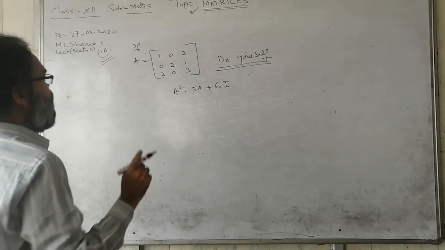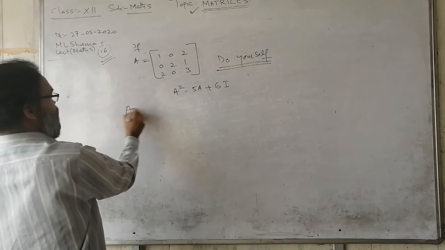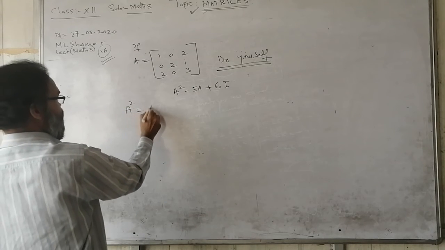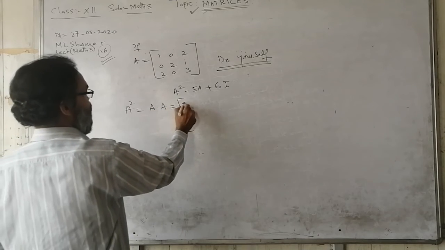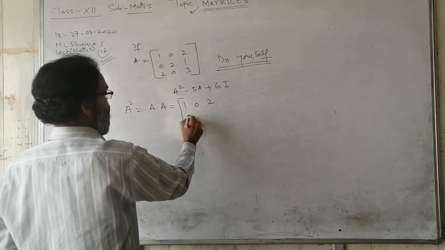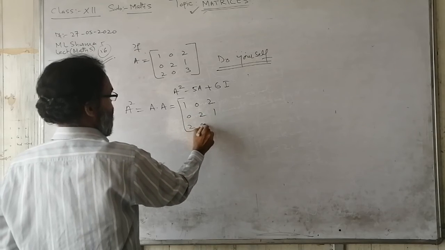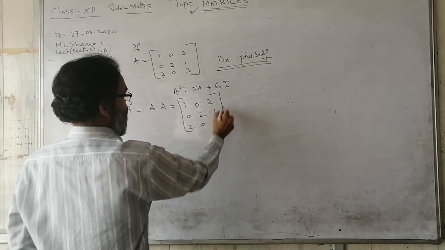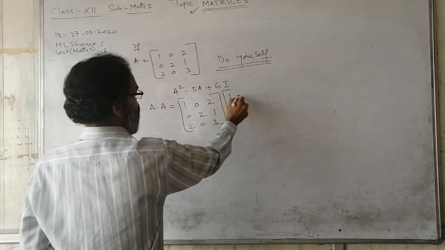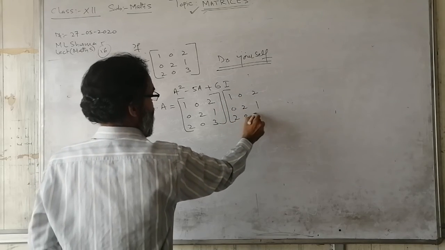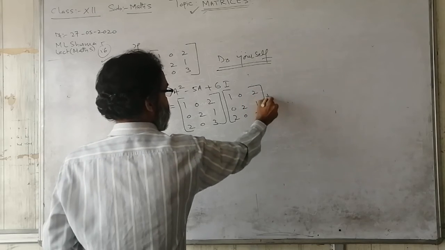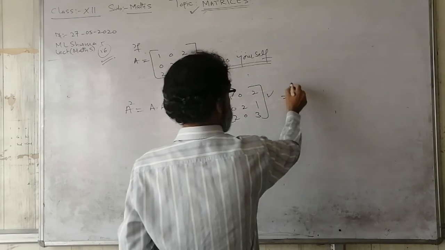I will show a hint here. The value of A square, you can find this value by multiplying this into this, and you will get a matrix.